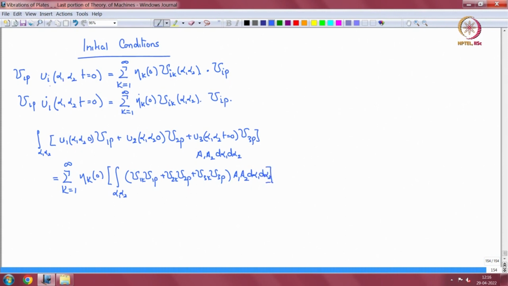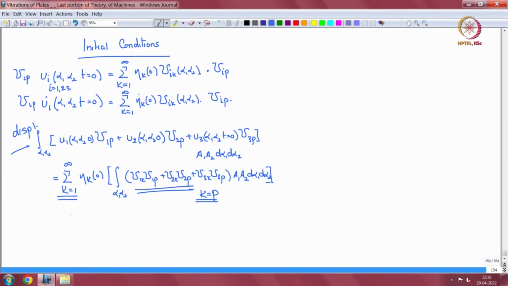I expanded I equal to 1, 2, 3 and summed them up, that is this for displacements. I can do the same for velocity. Okay. Now this is the orthogonality condition, it is 0 unless k is equal to p, then only one of them gets picked over here.